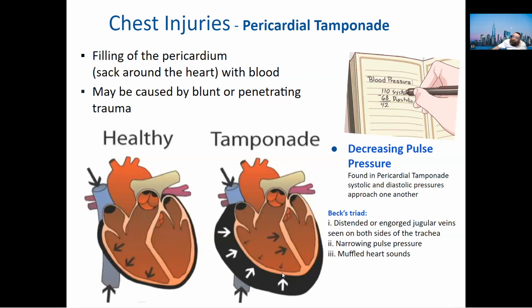And the problem here is that the ventricles don't have room to do a proper systole and diastole. So what happens is that the systolic number will get closer and closer to the diastolic number because the squeeze is almost the same as the relaxation phase. We know that the heart needs both.